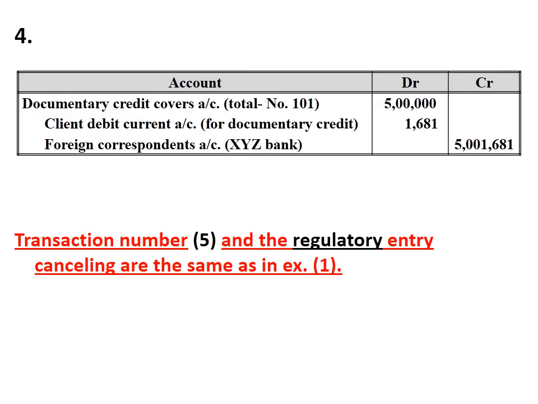Number 4, documentary credit cover 5 million. Credit debit current account for documentary credit 1,681. Then foreign correspondence account that is 5,001,681. Regarding transaction number 5 and the regulatory entry, just the same as in example 1.